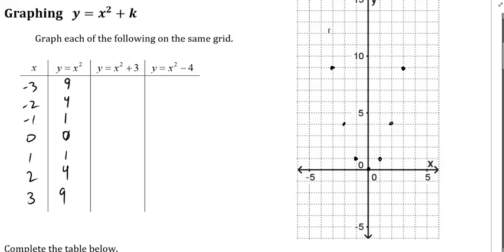Even if you did it in your head as you went, that would be okay. But if you could graph that one straight up, that's a good start. Understanding that relationship.